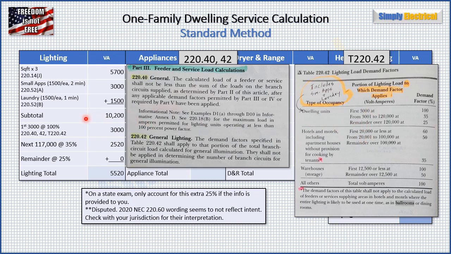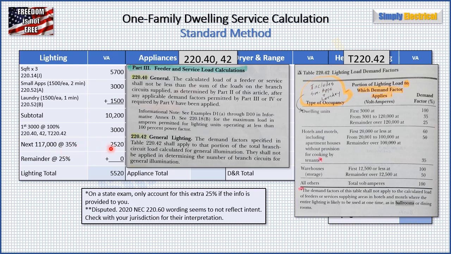Okay, so it says under dwelling units, you take the first 3,000 volt amps of our general lighting load and apply 100% to it. So we take 3,000 off of this and write 3,000 right there, and we'll take that at 100%. And then anything after that, up to 120,000, we take it at 35%. So the next 117,000, we take at 35%.